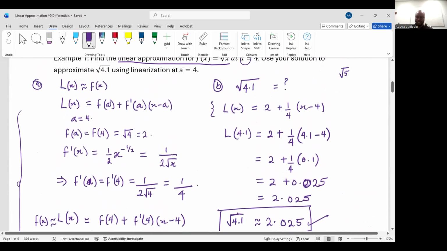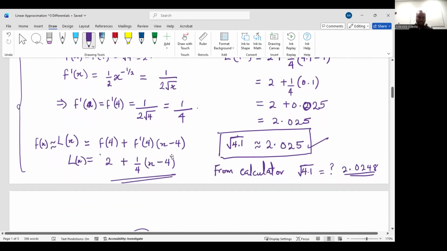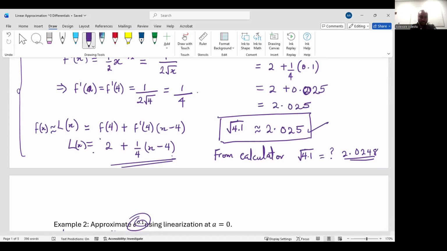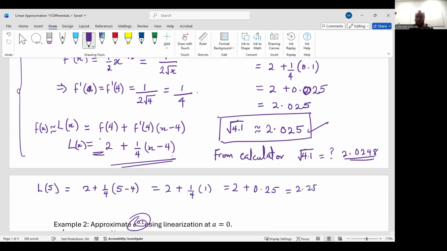Remember that our linearization for square root of x is this. So that is 2 plus 1/4 times 5 minus 4, which is 2 plus 1/4 times 1. So that is 2 plus 0.25, which is 2.25.